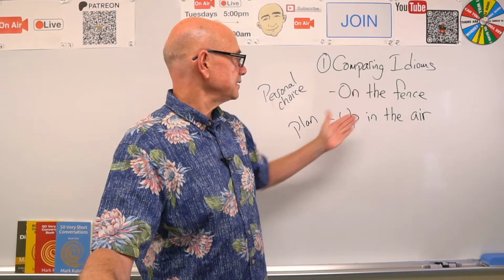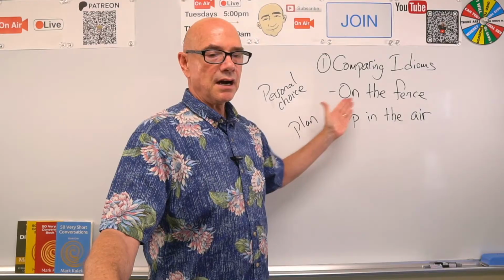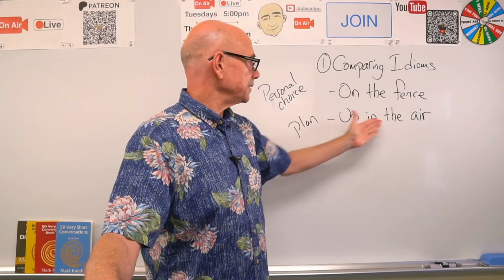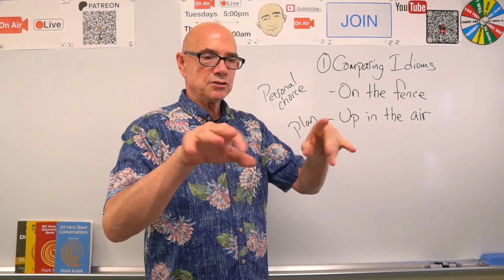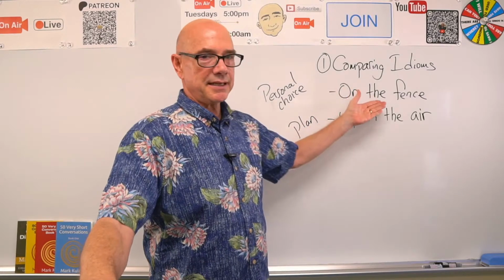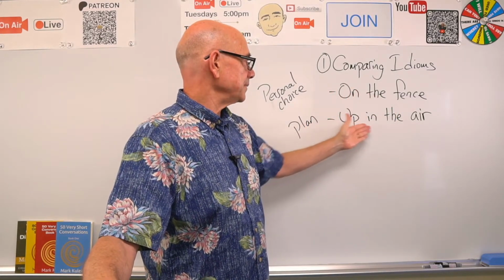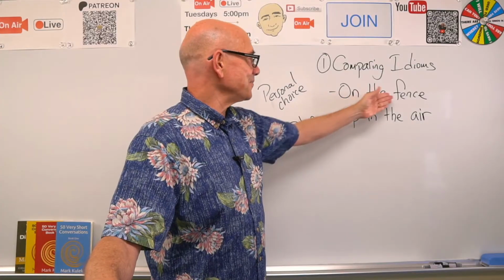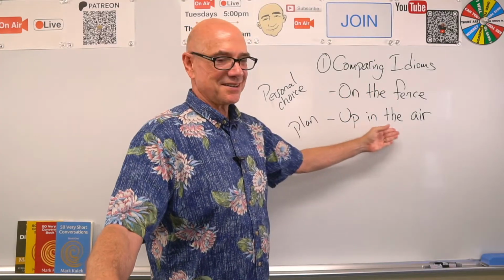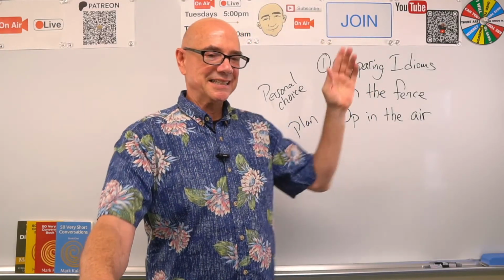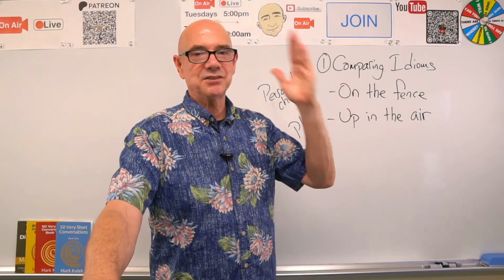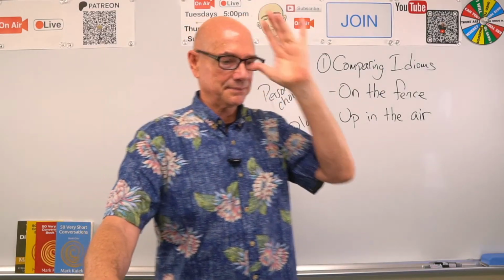On the fence, up in the air. So Hannah, you need to do it again. Get the idioms correct, okay? Not on the air, up in the air. Or on the fence, up in the air. Okay, so rewrite your sentence and get the idioms correct. You don't have the idioms correct.